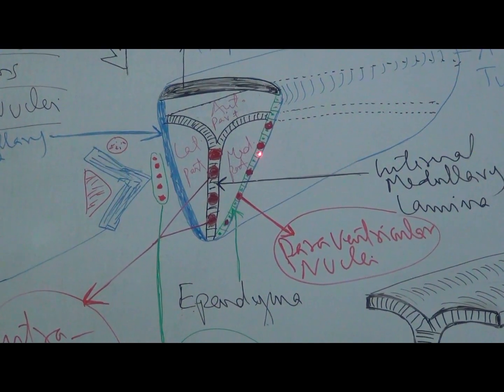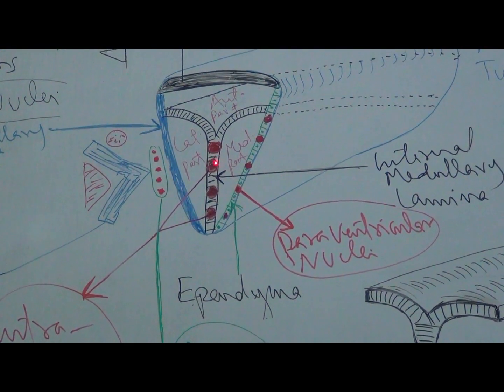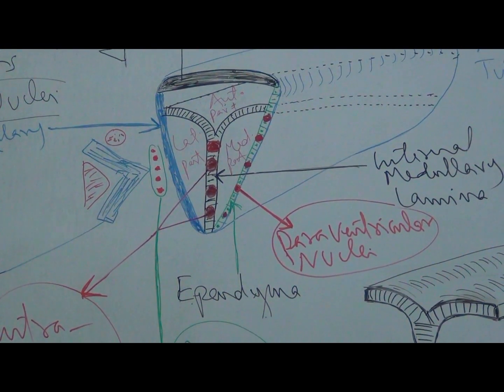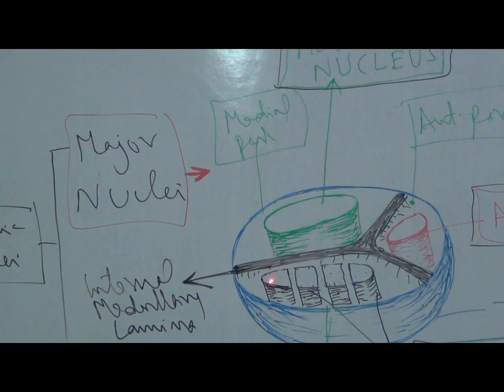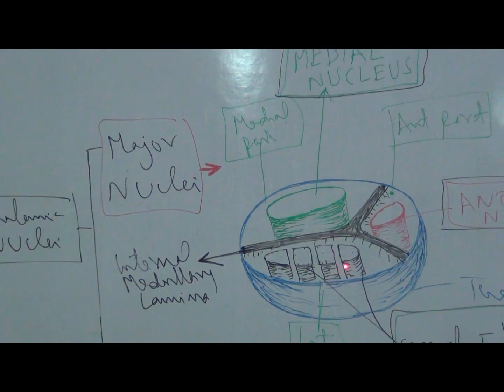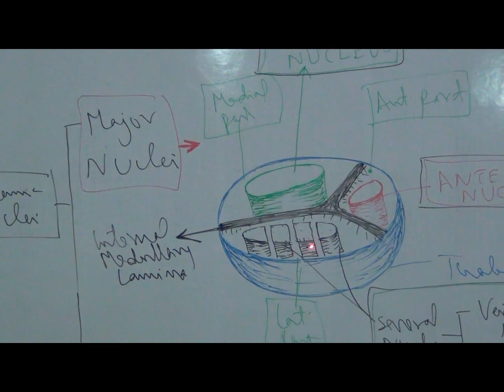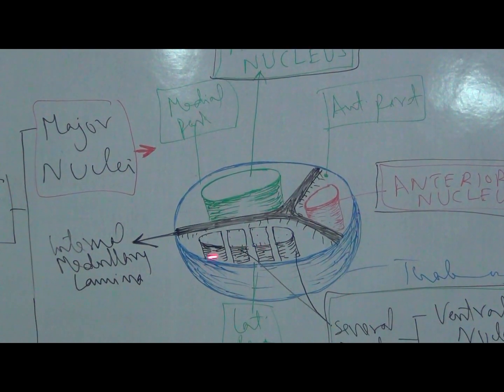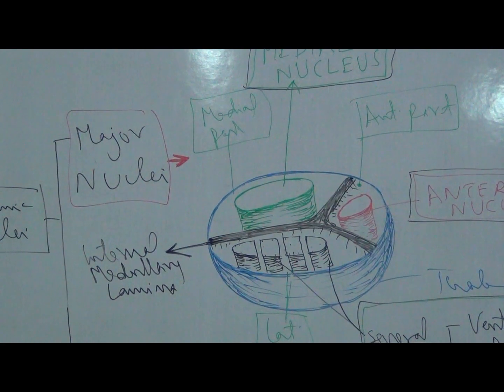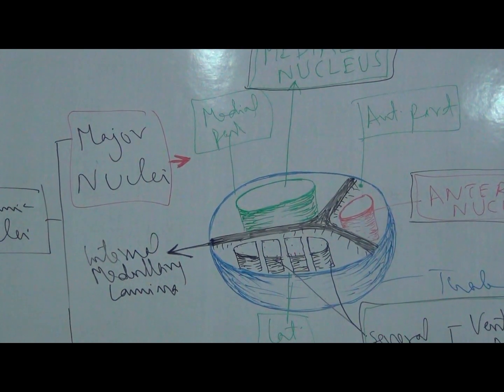So paraventricular, intralaminar and reticular nuclei are grouped as the minor thalamic nuclei, while the anterior nucleus, medial nucleus, then in the lateral part the ventral tier nuclei and dorsal tier nuclei, are the major nuclei of the thalamus.